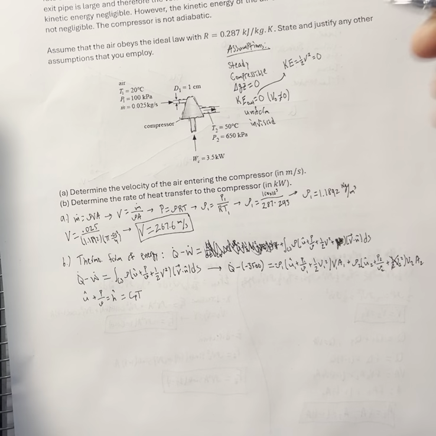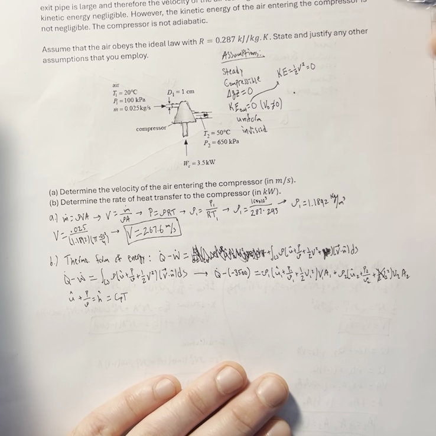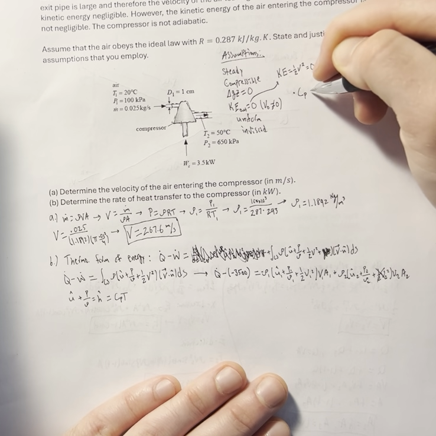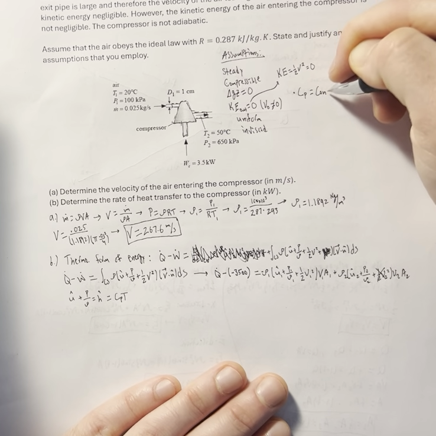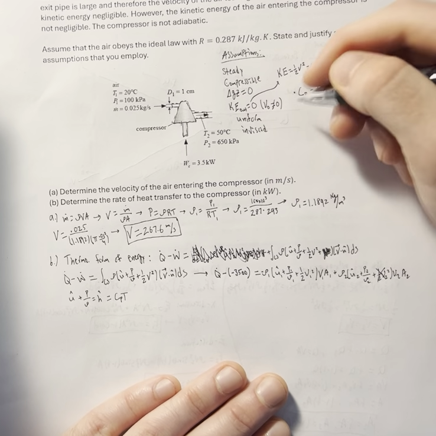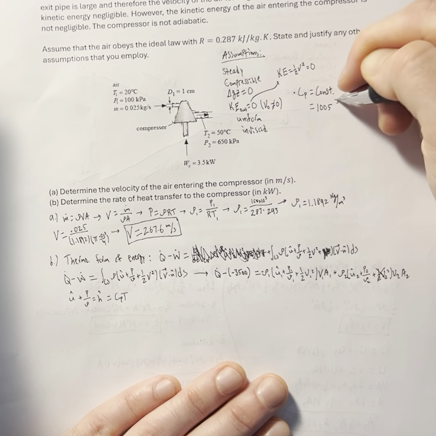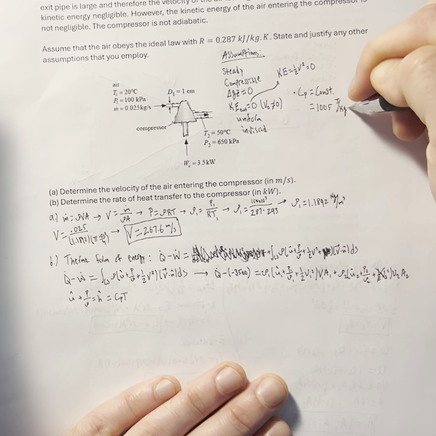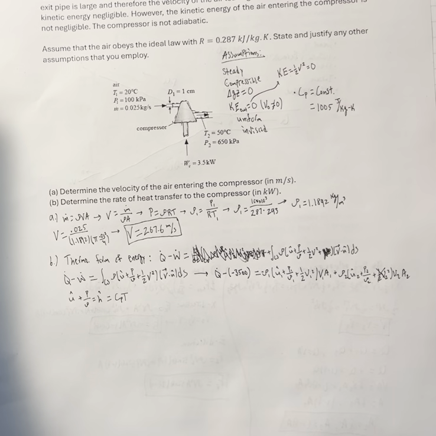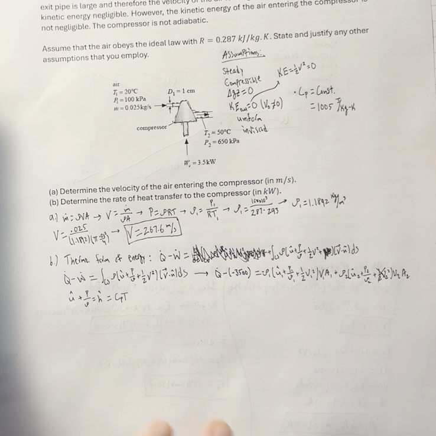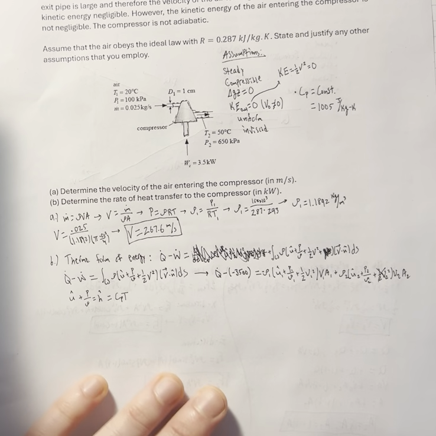And I guess we can also say Cp equals constant. It didn't say that, but on an exam or a homework, we'd definitely give that to you. Cp equals constant is like 1005 joules per kilogram Kelvin, I think is the unit. 1005 is the number we usually use. It's not a big deal. This isn't thermo class, right? It's fluids. Who cares? So anyway, we can plug that straight in.